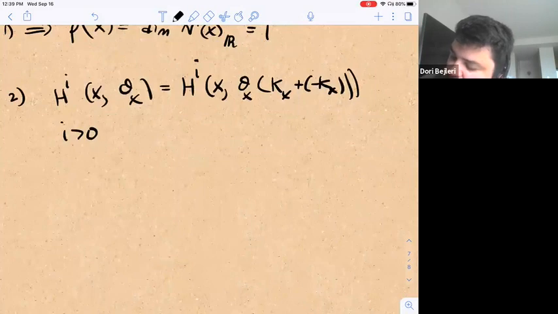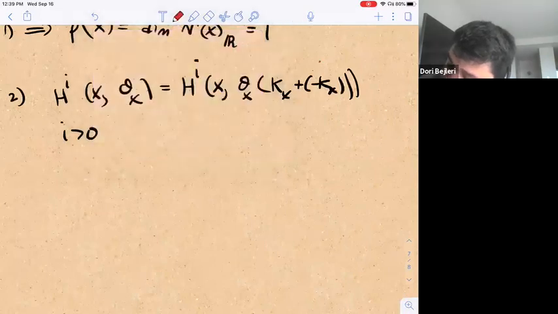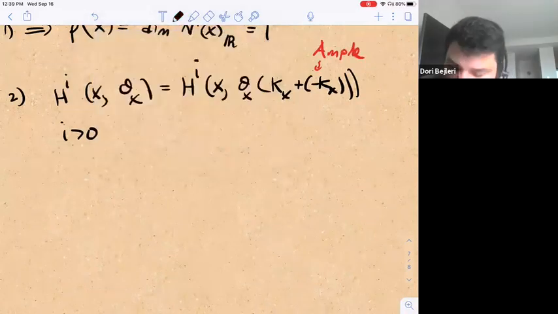So O is the same as the canonical plus KX, plus minus KX, but this is ample. And now we can use the Kodaira vanishing theorem.